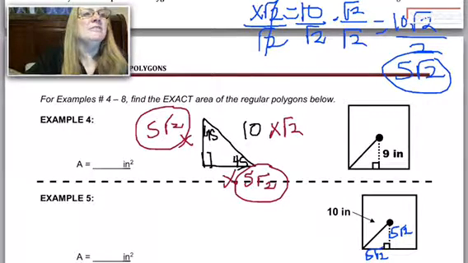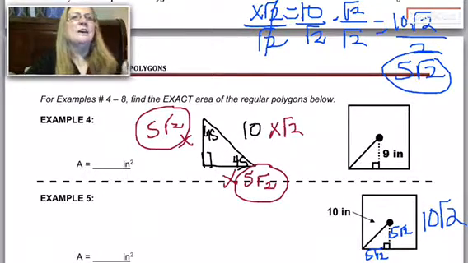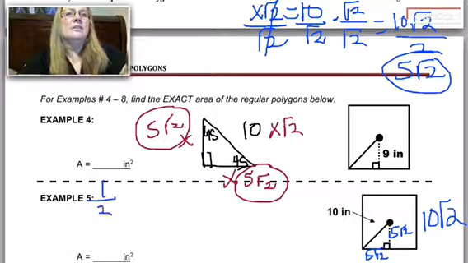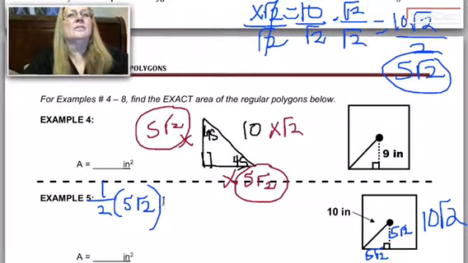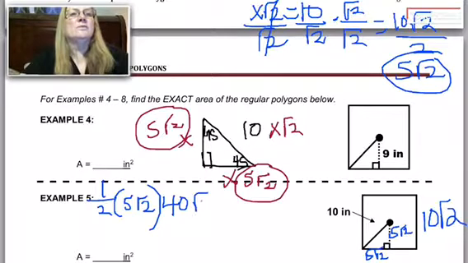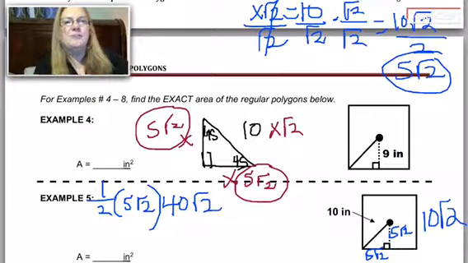Okay, if half a side is 5 square root of 2, the whole side is 10 square root of 2. So now we have 1/2 times our apothem times the perimeter. So 10 square root of 2 times 4 is 40 square root of 2. All right, so now how do we multiply all that together? Well, you're just going to multiply everything.